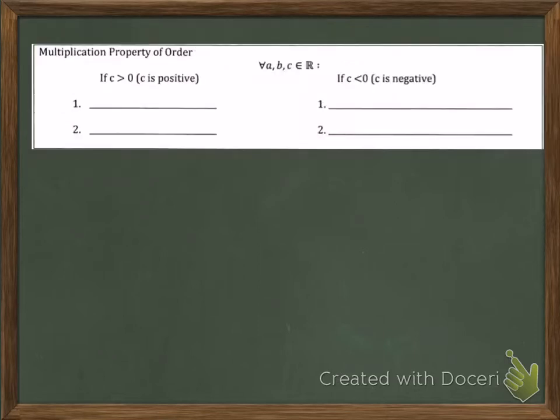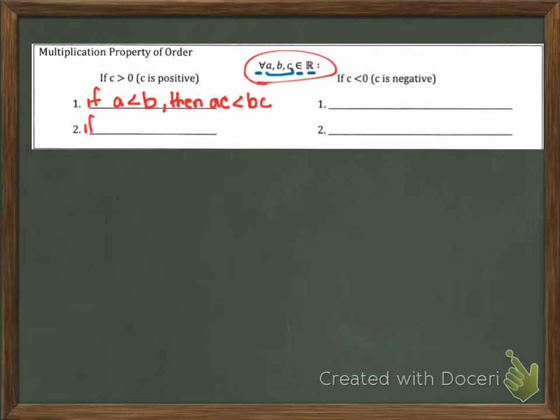So the next relationship we're looking at is the multiplication property of order. Looking at this statement, we have for all A, B, and C that are elements of the real numbers, and we're going to take a look at what that means in detail. If C is greater than 0, or in other words, C is positive, because positive numbers are greater than 0, then we can say if A is less than B, then AC is less than BC.